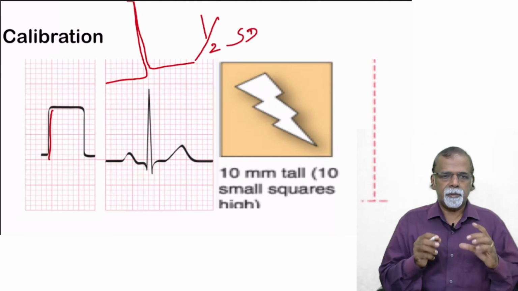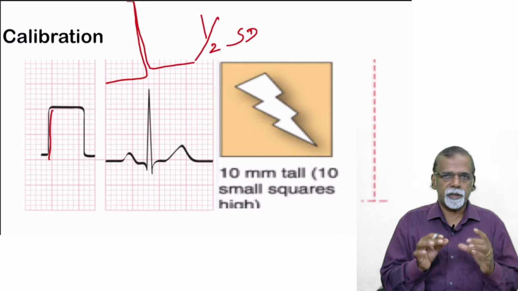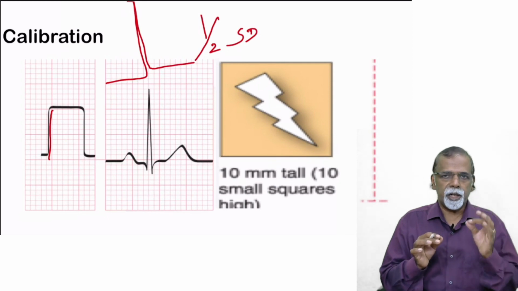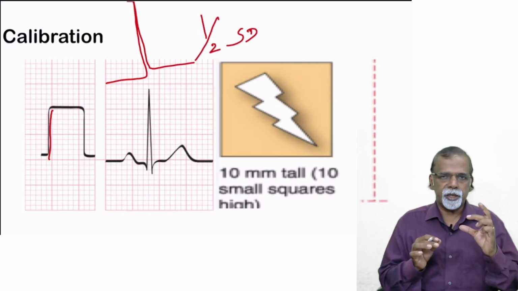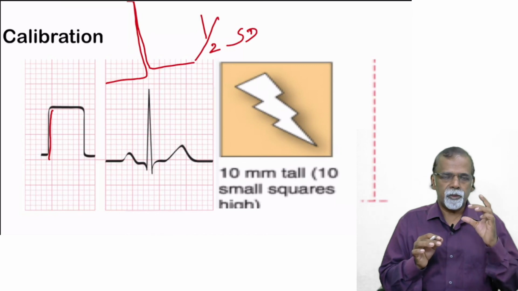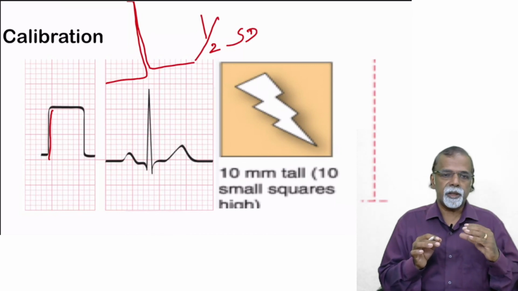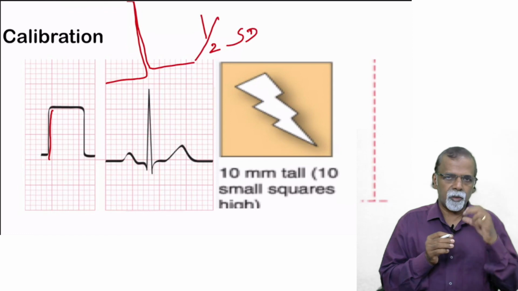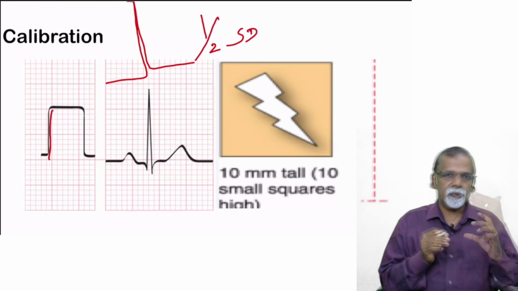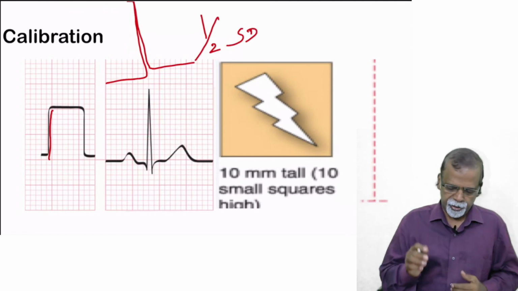That is, the machine is adjusted so that when 1 millivolt is applied, it only produces 5 millimeters of deflection. Normally, 1 millivolt will produce a deflection of 10 millimeters.